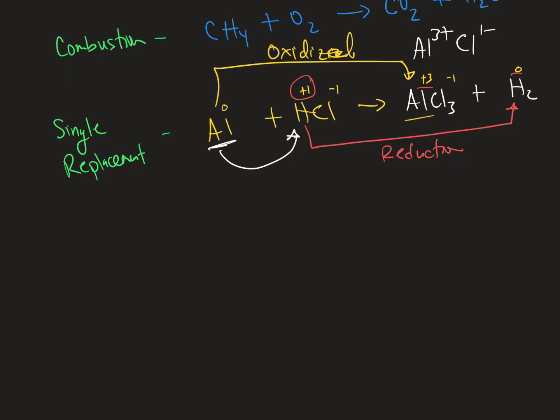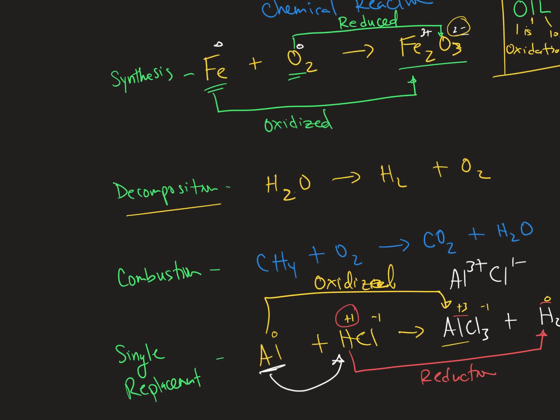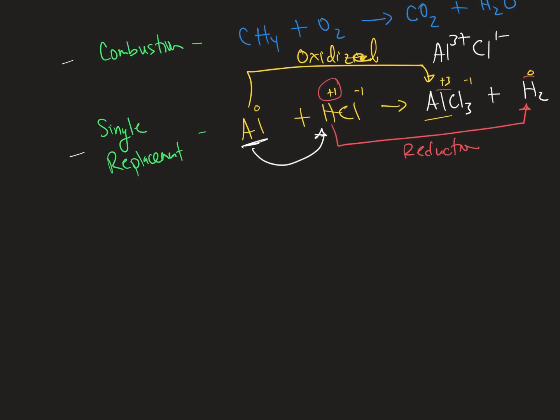Okay? The next type, well, so we have 5 classes of reactions. We have synthesis, decomposition, combustion, and single replacement. We have one more. And this class of reaction tells us the other 2 types of reactions. Is that confusing?